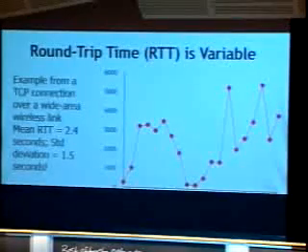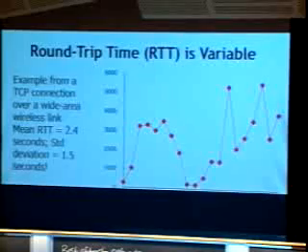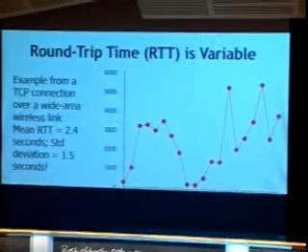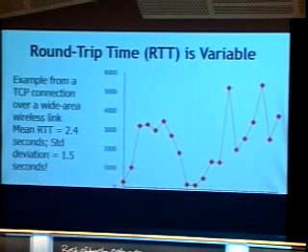The average transmission time is 2.4 seconds here. The standard deviation, which is a measure of the variance between these different samples, is 1.5 seconds. So there's a lot of bouncing around of this signal, and expecting the round trip time to simply be a single constant value isn't a very good idea.